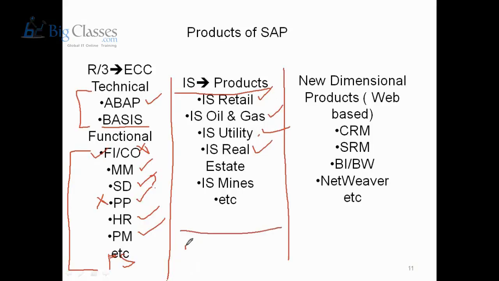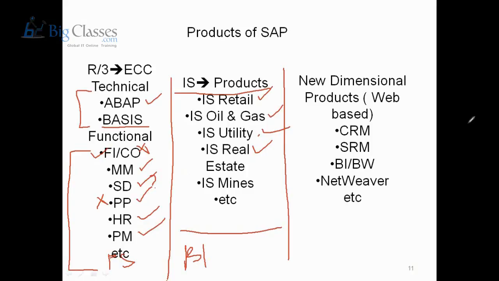Similarly, we have B1 for SME level clients. It's a low profile software, we can say, but it is a product of SAP: Business One for SME clients. IS stands for industry solution, specific to one industry.